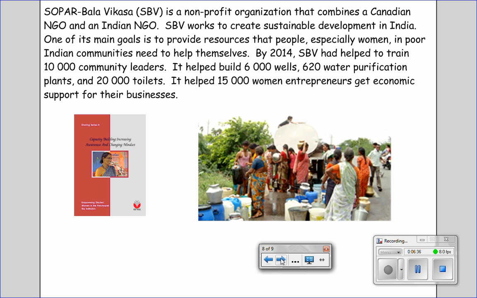Sopar Bala Vikasa, or SBV, is a non-profit organization that combines a Canadian NGO and an Indian NGO. SBV works to create sustainable development in India. One of its main goals is to provide resources that people, especially women in poor Indian communities, need to help themselves.